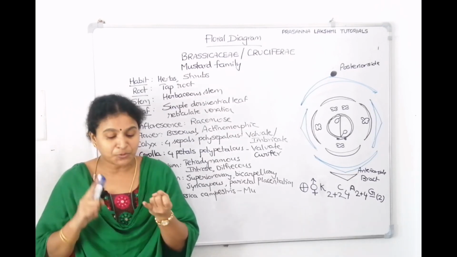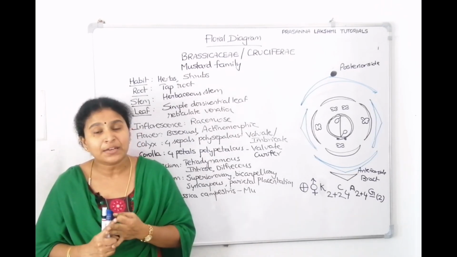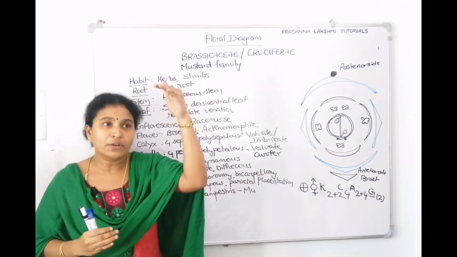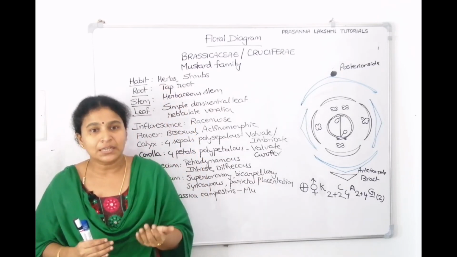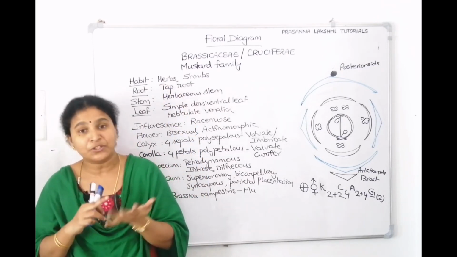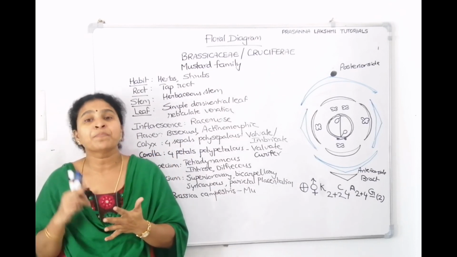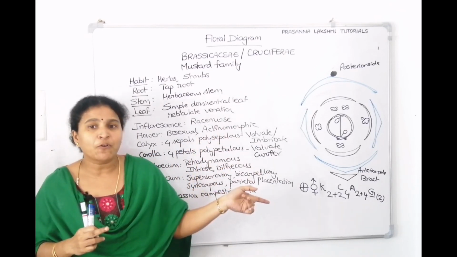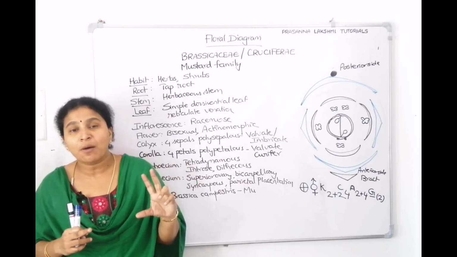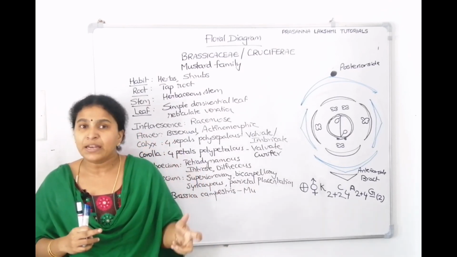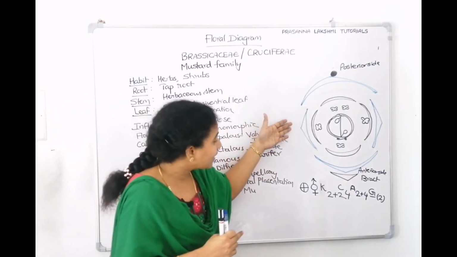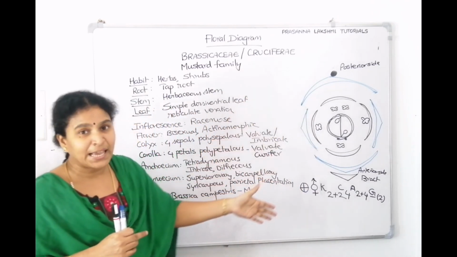You have to give the description in brief, simple, scientific language, and then you have to go into the proper sequence. The description starts with habitat, vegetative characters, floral diagram, floral formula, economic importance. Floral formula we have seen. Floral diagram we discussed.